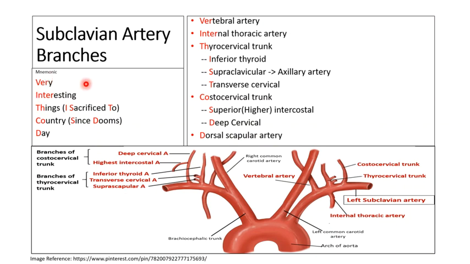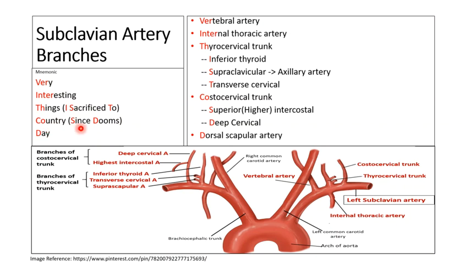The mnemonic for this one is very interesting: "Very interesting things I sacrifice to country since doomsday." So when I'm putting things in the parentheses, it means that these 3 words belong to the further branches of the main branch from subclavian, which is thyrocervical in this case, and then you can see inferior thyroid, suprascapular, and then transverse are represented by the words that I've given in the parentheses.